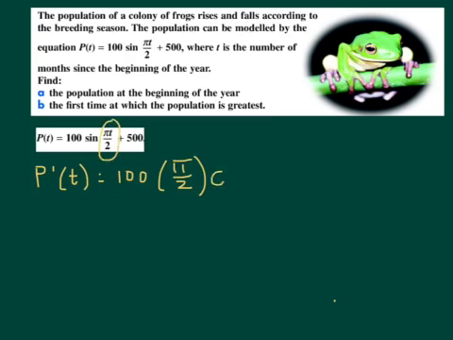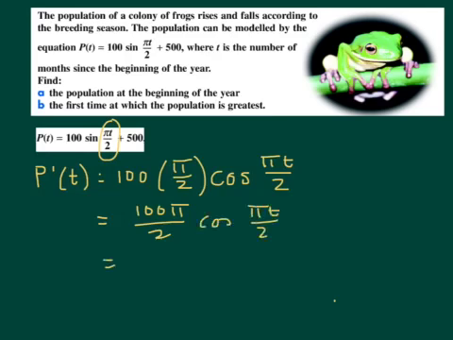Derivative of sine is cos (pi t over 2), plus 500, which is a constant and falls away. That gives me 100 pi over 2 cos (pi t over 2). Well, 100 over 2 is 50. So we have a derivative of 50 pi cos (pi t over 2).